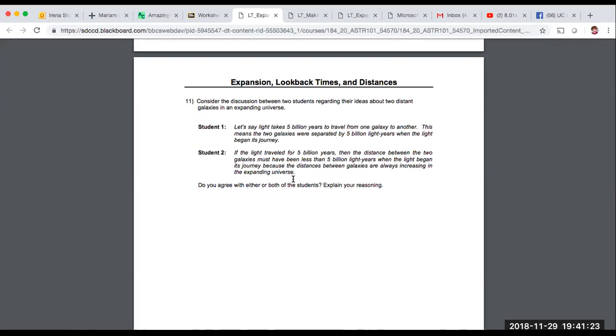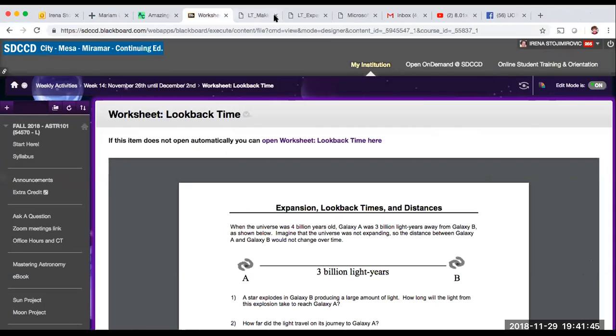No, because if the universe is expanding, it will take more time than their initial separation, right? Okay, good. So which one is correct then? Student 2. Is he correct? Yes. Perfect. So that's the expansion.